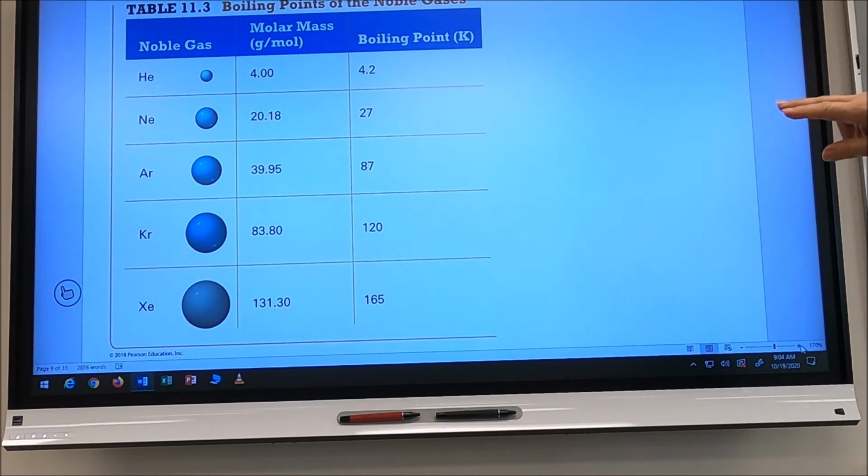You can notice as they get larger, their boiling point goes up. And the reason their boiling point goes up is because since you have a larger electron cloud, it's easier to get it into that egg shape, and you can elongate the electron cloud a bit more. So larger, more London force.